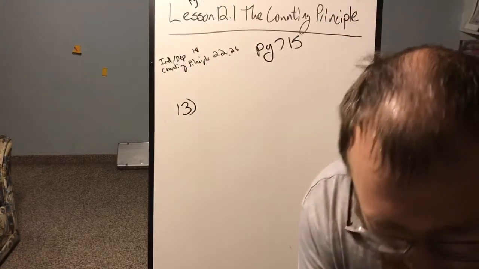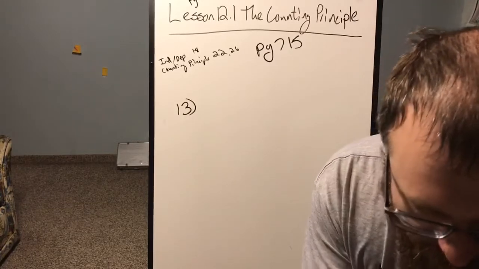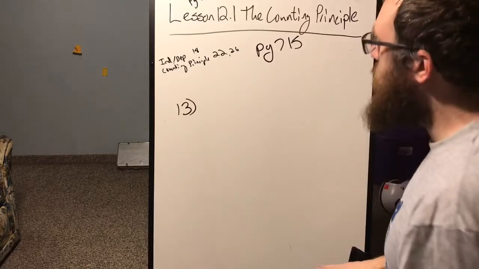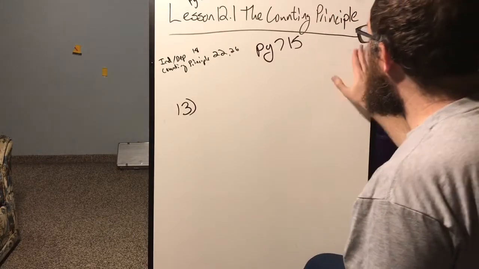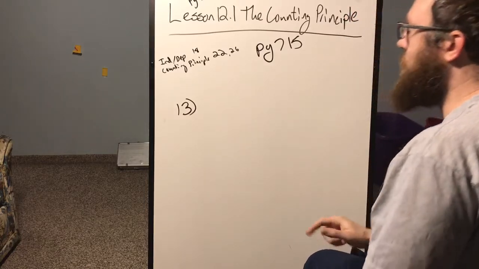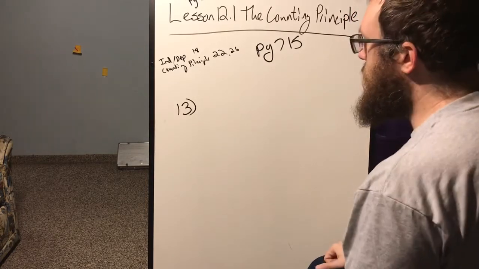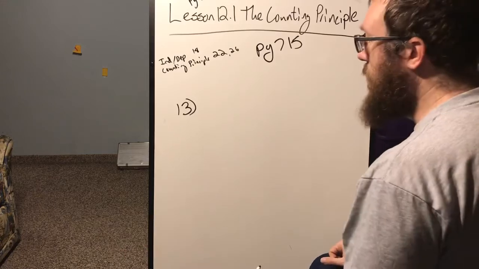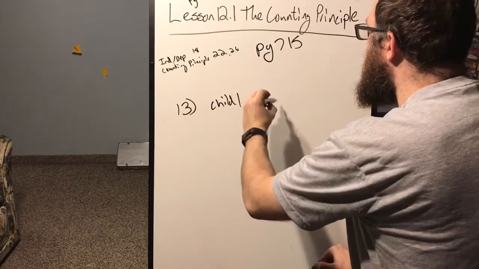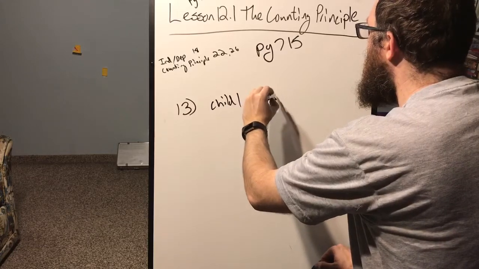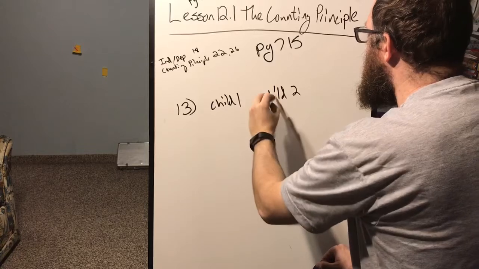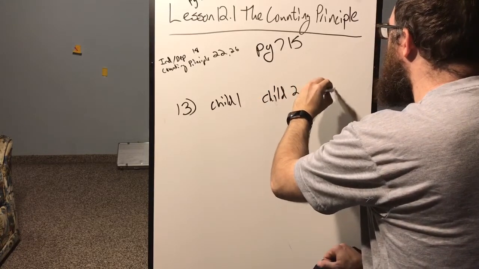All right, so problem number 13 in your homework says we have a family that has 3 children, and we want to create a tree diagram of the boys and girls across the 3 children and figure out how many options there are. So child 1, child 2, child 3.